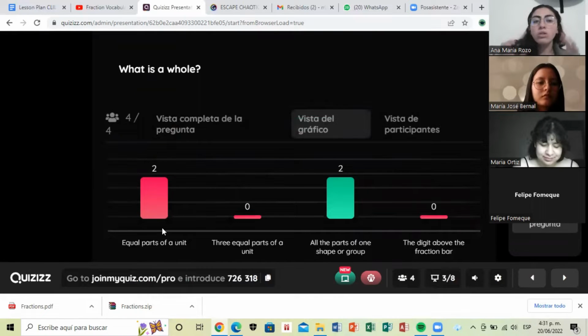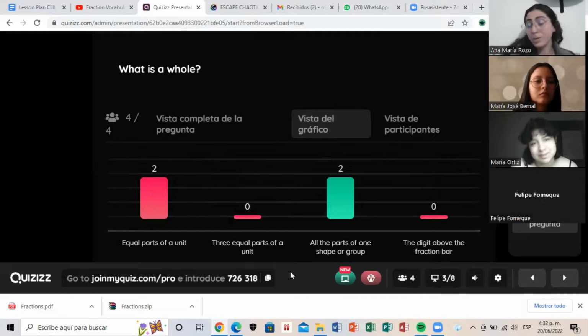Okay, the whole is all of the parts. The equal parts of a unit is similar, but is not quite the correct definition that was in the video. Remember that we are doing this based on the video. So that's why that's not the answer, okay? It's a very good similar answer, but it's not correct. So remember, a whole is all the parts of one shape or group.